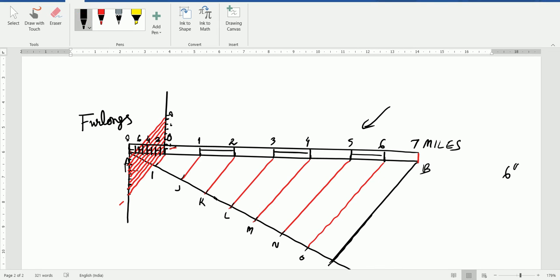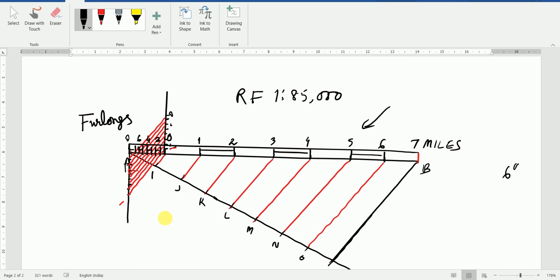And just above or below it, you may write RF, 1 is to 85,000. So in this way, this graphical scale is constructed.